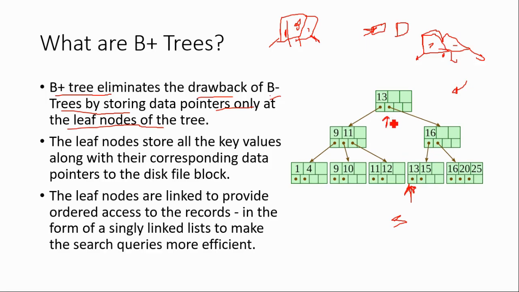So for example, you can see this key 13, which has a particular data pointer associated with it. It is present in the leaf, and along with that it is also present as the parent of the leaf. Now why is it present there?